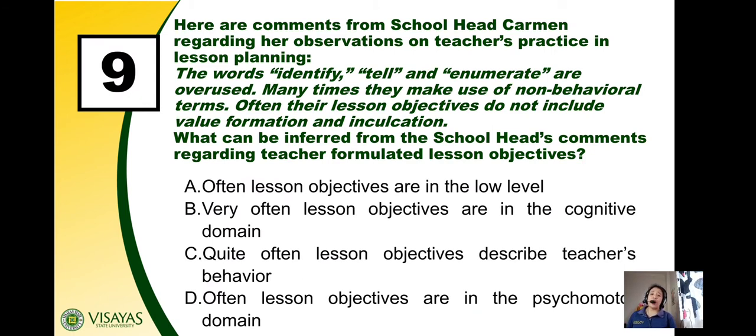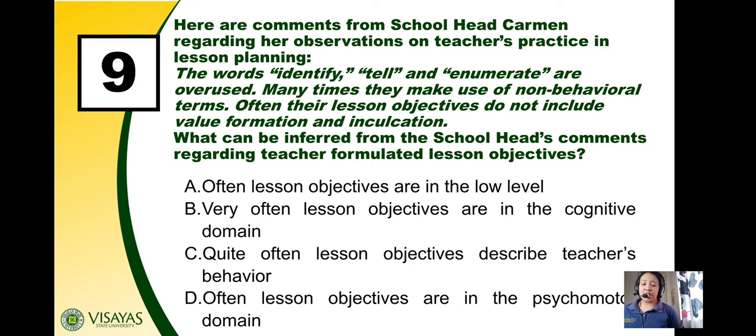Here are some comments from school head Carmen regarding her observation on teachers' practice in lesson planning. The words identify, tell, and enumerate are overused. Many times, they make use of non-behavioral terms. Often, their lesson objectives do not include value formation and inculcation. What can be inferred to the school head's comments?